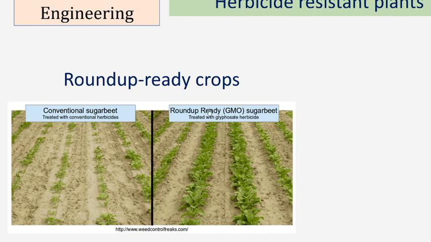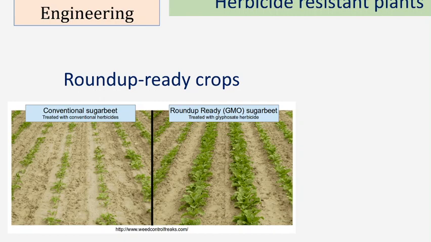So this Roundup or glyphosate is so strong that it kills all of the weeds, but it also kills the crops. So is there any benefit? There is no benefit actually. When I want to get rid of the weed, but it is also killing the plant, this is actually damaging my plant. So what to do?